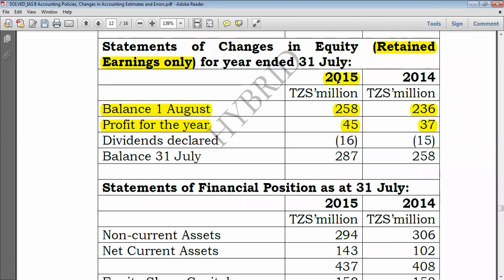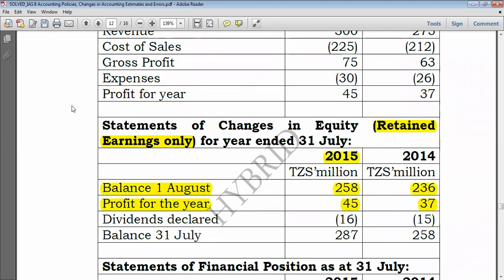And you know, the double entry was to reduce assets and to debit expenses. Expenses reduce profits. If profit is reduced, retained earnings are also reduced. So just go and accumulate all expenses that should have been subtracted up to this date, 1st August 2015. Now go to the question.